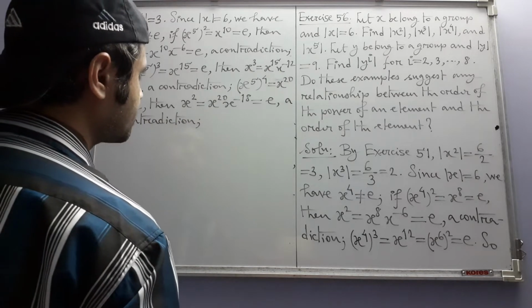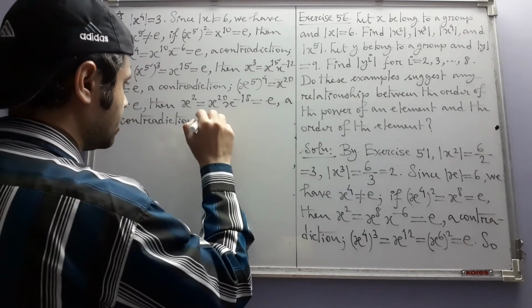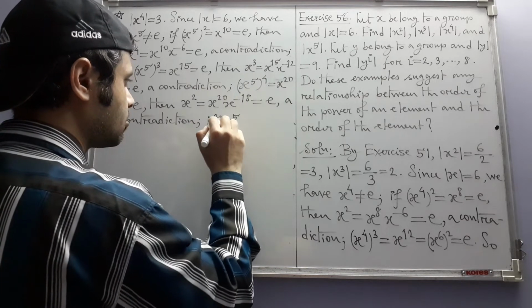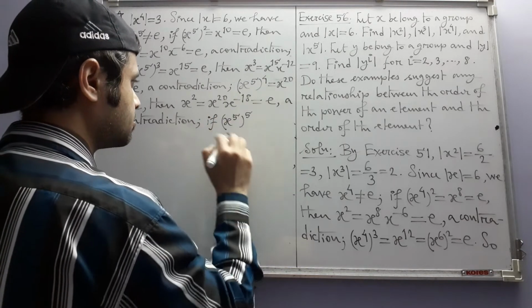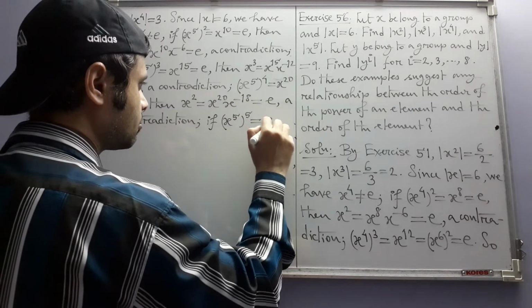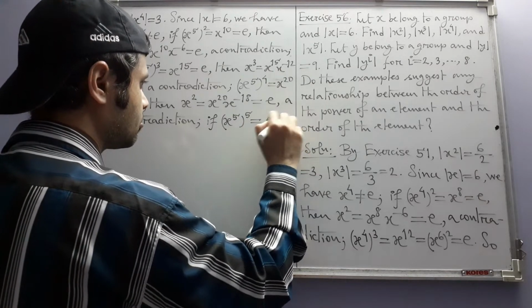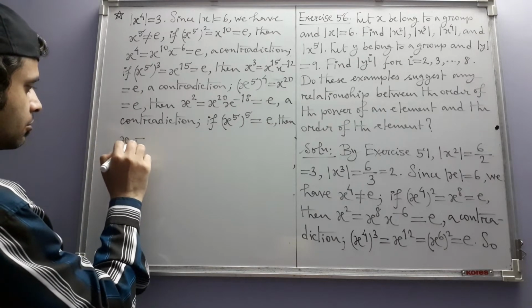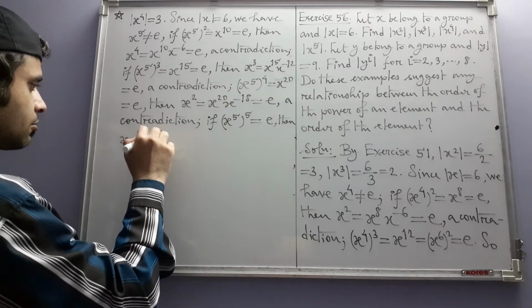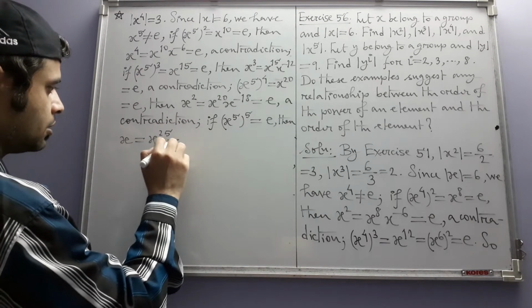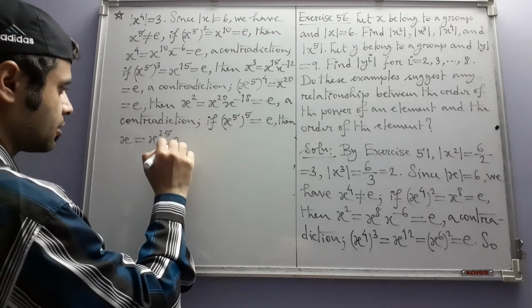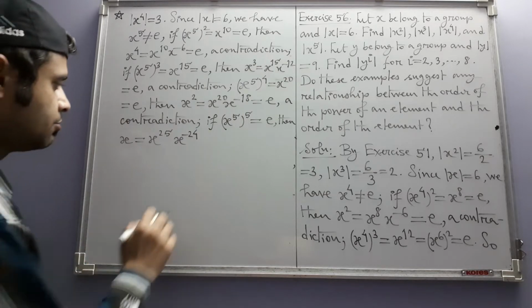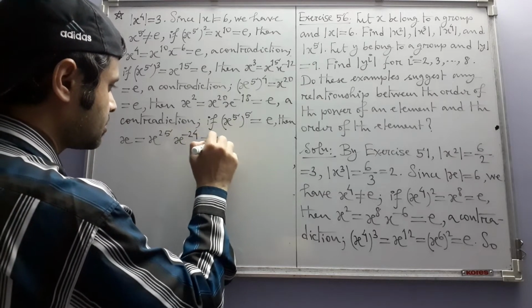Then if the fifth power is the identity, then x to the power 25 times x to the power minus 24, 4 times 6 is 24, so this becomes identity.